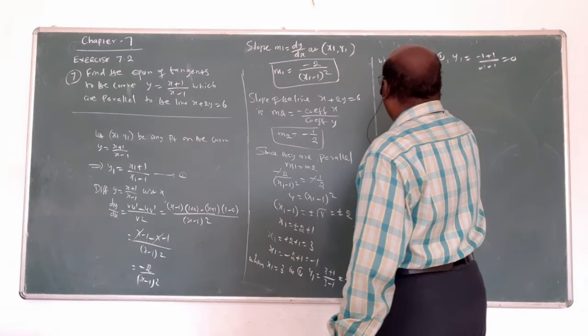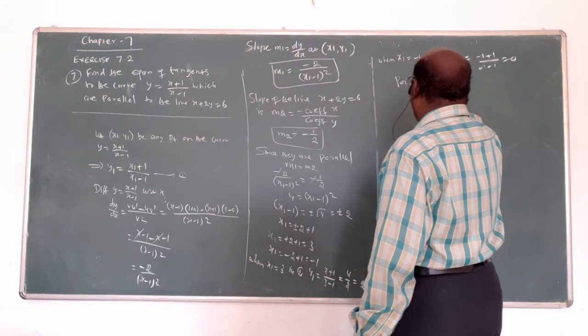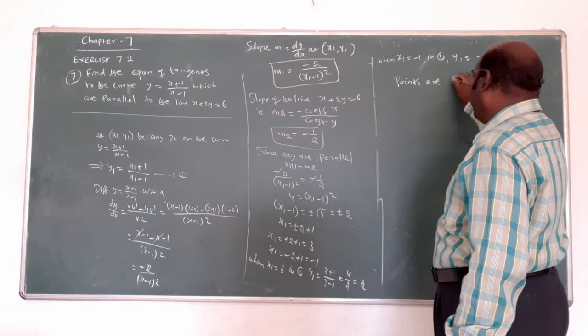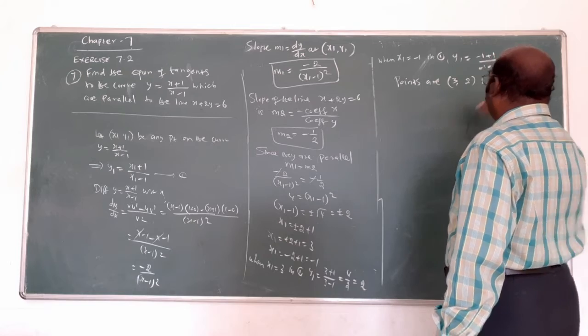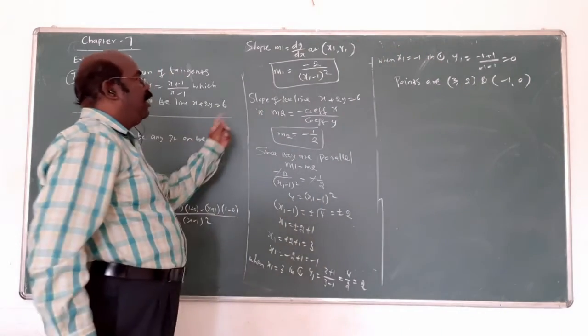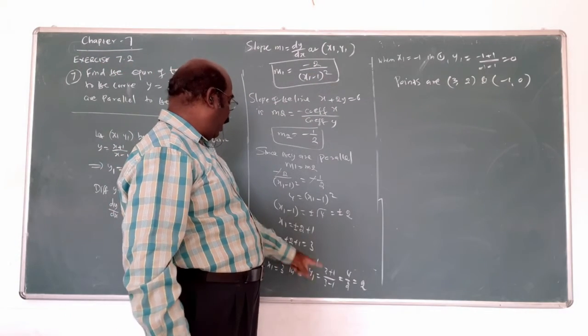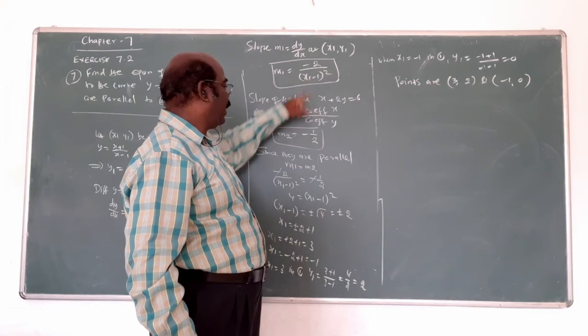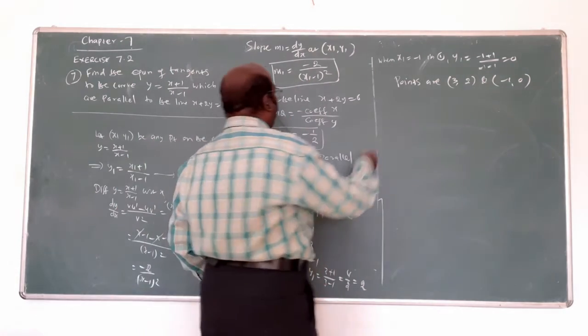Therefore, the points are (3, 2) and (minus 1, 0). The slope is common. Both slopes are equal. Substitute x1 is 3 or minus 1, we get 1 by 2 only, minus 1 by 2. Thus both slopes are equal.